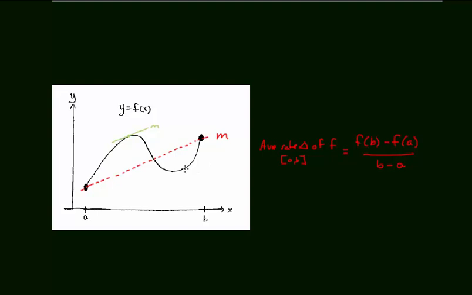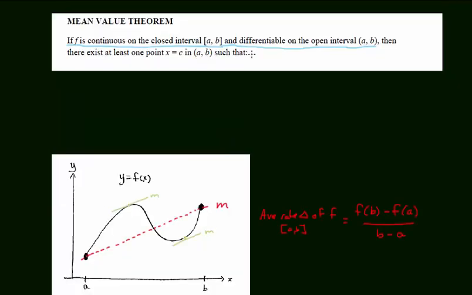That's not the only place. I see here that the slope is also the same. So the guarantee is that somewhere between A and B, the instantaneous rate of change will equal the average rate of change. So there is at least one point C such that the instantaneous rate of change, f prime of C, equals the average rate of change.